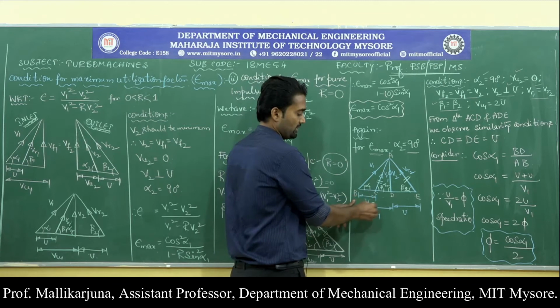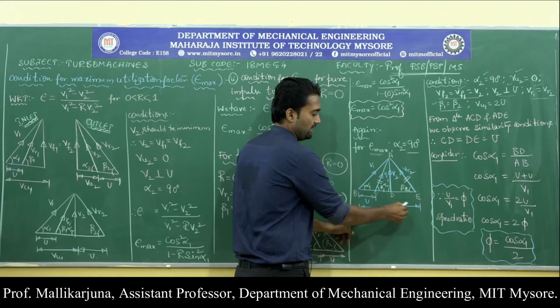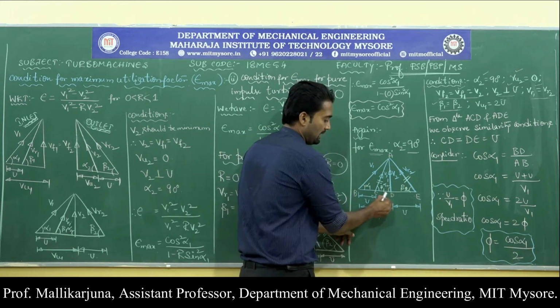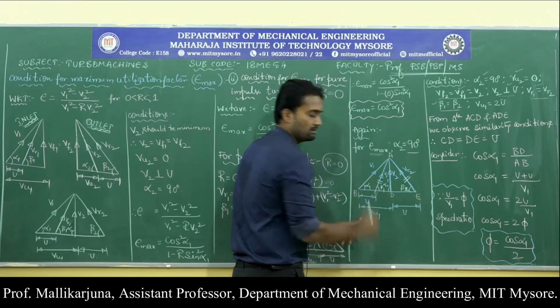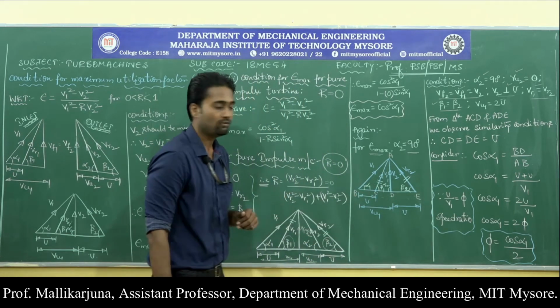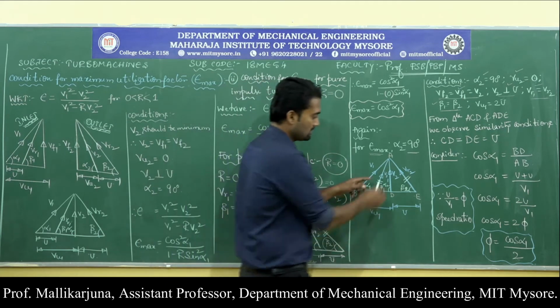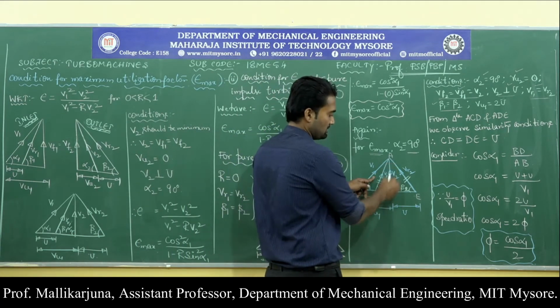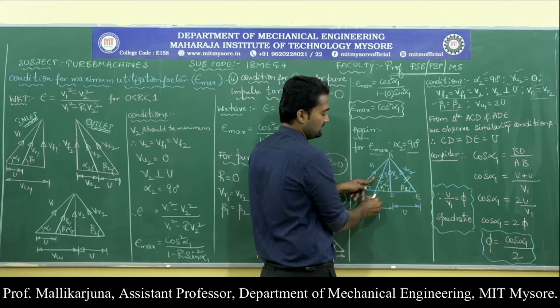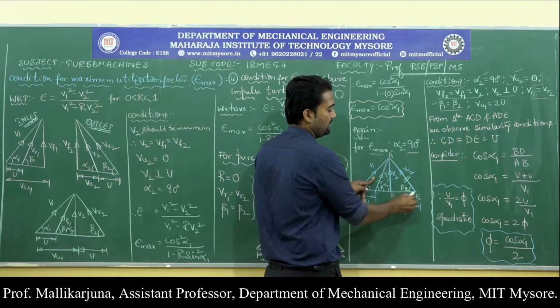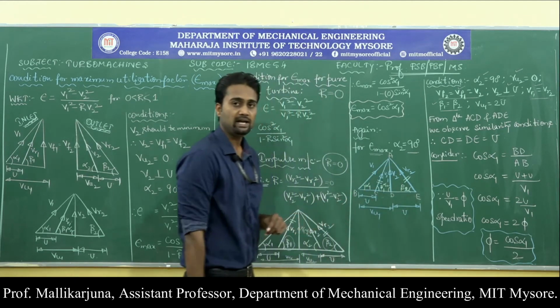Now this portion has been named, this portion has been named, this portion has been named. I have left out naming this portion. Let us look at the value of that portion. Please concentrate on these two triangles, ACD and ADE.